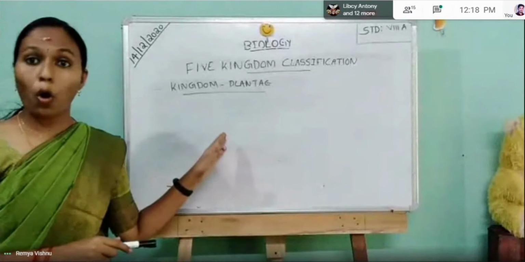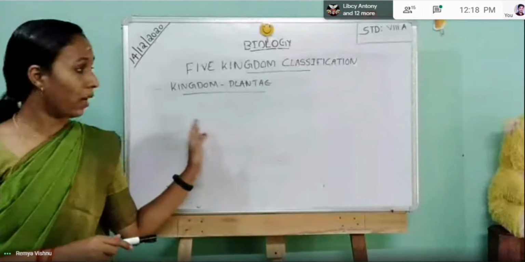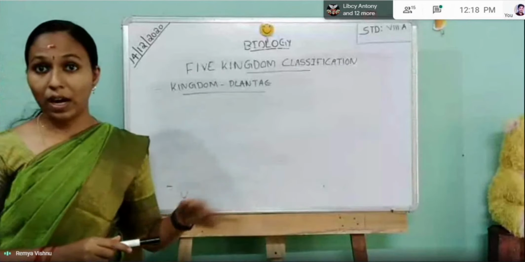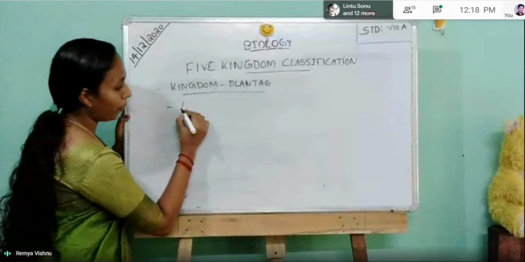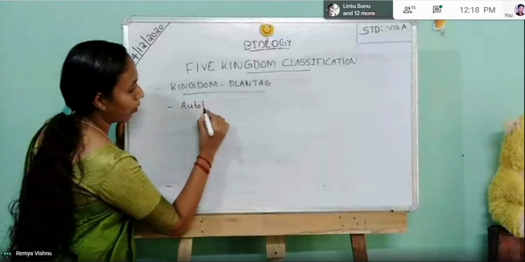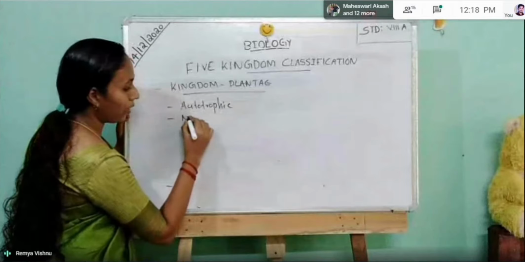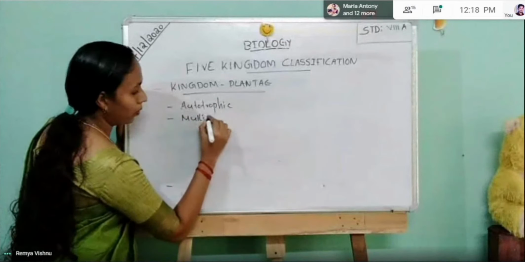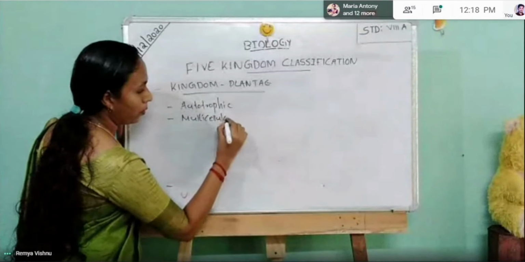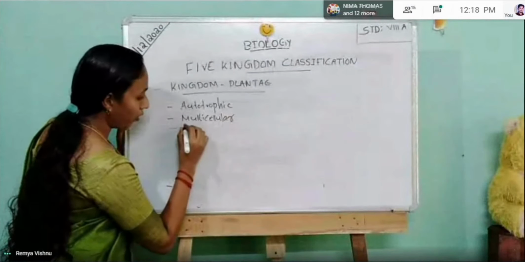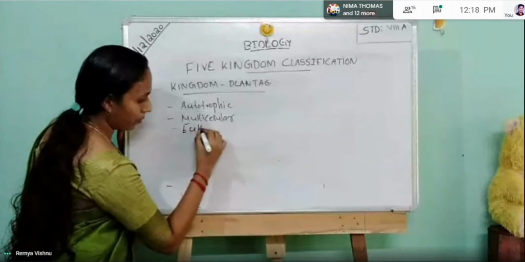Plants are autotrophic organisms and they are multicellular eukaryotes.